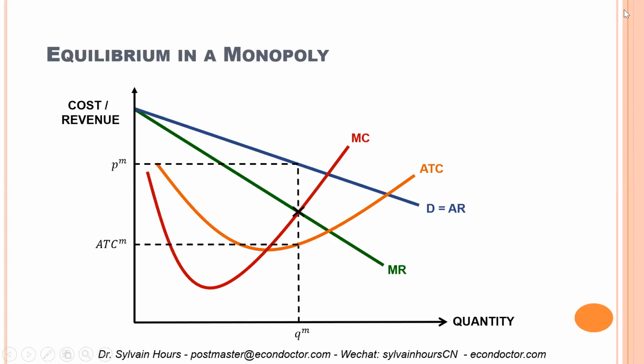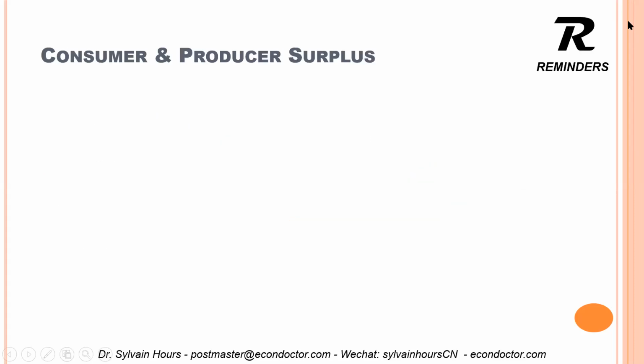Okay. Good. All right, do you have any questions at that stage? Is there anything that is not clear about the equilibrium of a monopoly? Go ahead, if there is anything.